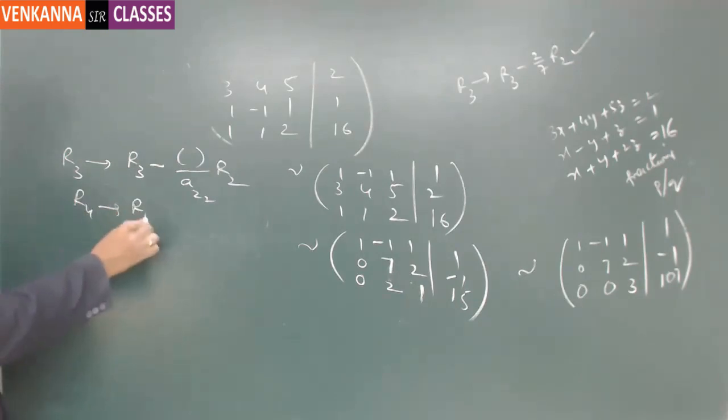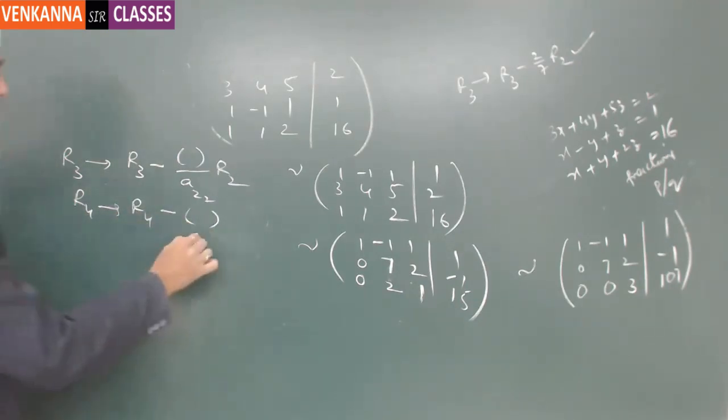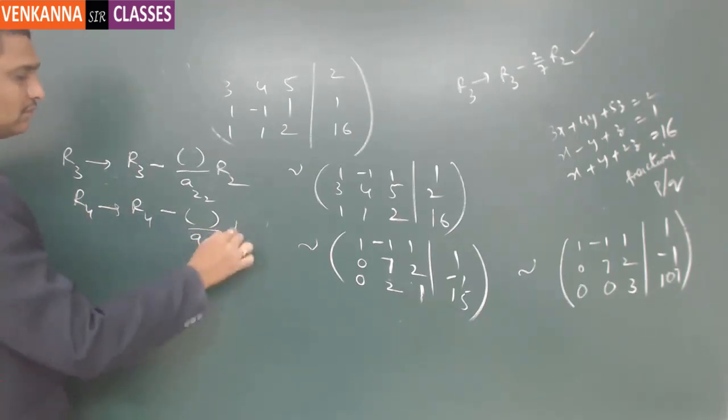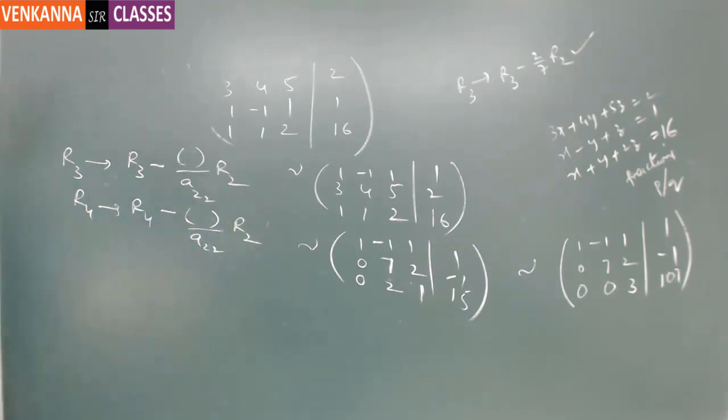R4 tends to R4 minus the element what you are taking. Everything is going to be written like this. So computer programming or computer coding is easy. So this is the actual Gauss elimination method, please understand.